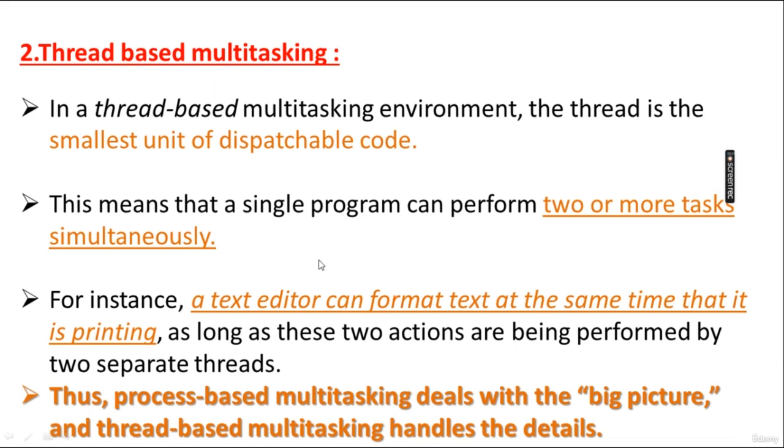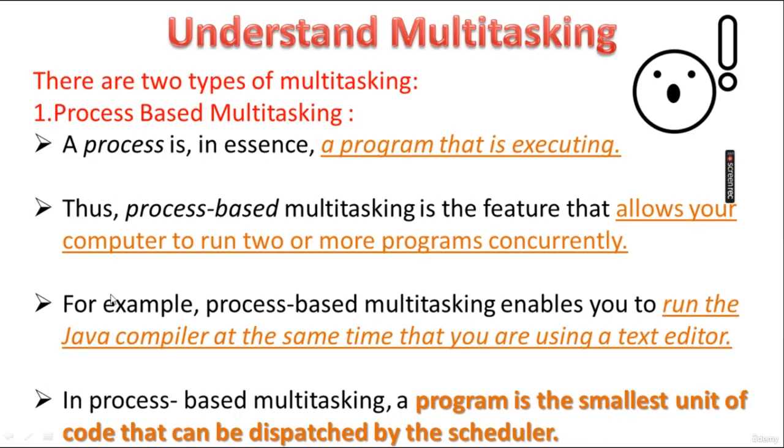Thread-based multitasking. In a thread-based multitasking environment, a thread is the smallest unit of dispatchable code. In process-based multitasking, a program is the smallest unit of dispatchable code, and in thread-based multitasking, a thread is the smallest unit of dispatchable code. This means that a single program can perform two or more tasks simultaneously. In a computer, there are multiple programs, like the example of a Java compiler in the background and a text editor in the foreground.